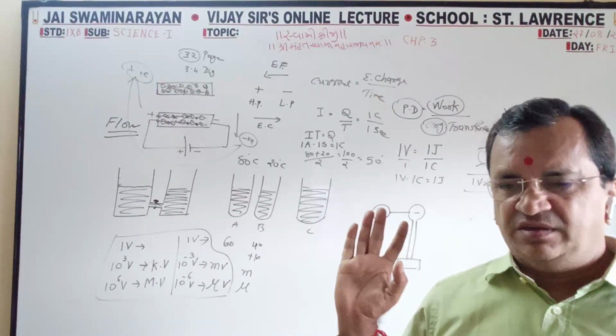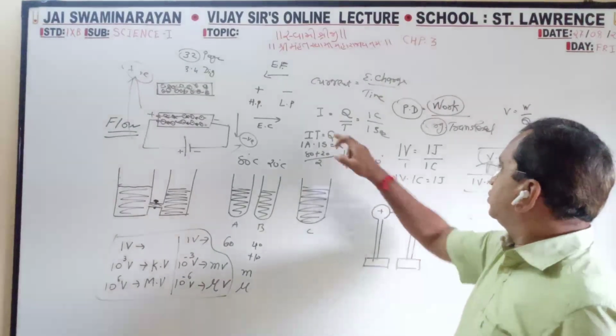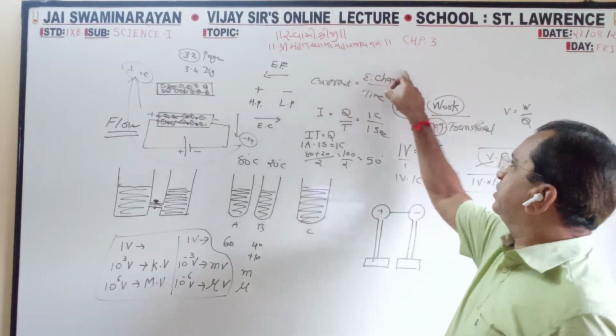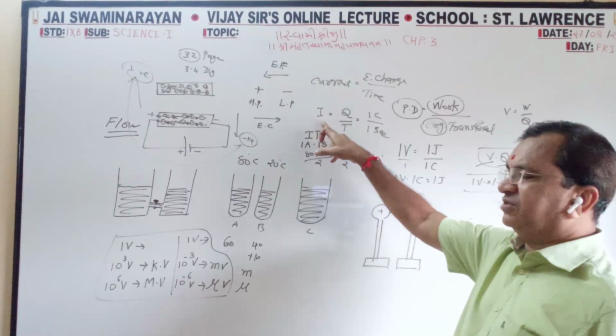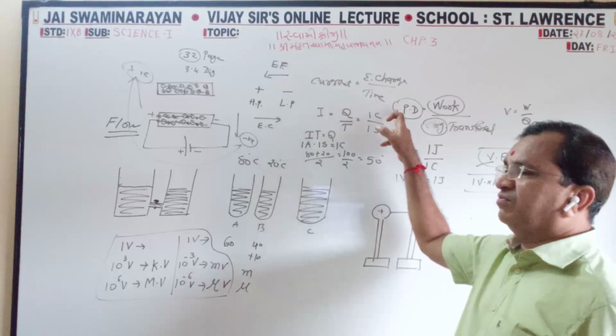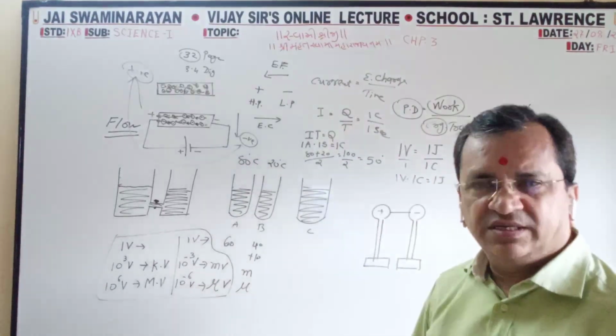That is the ampere formula. So I is equal to Q by T. Current is equal to electric charge by time, and this is equal to 1 ampere when 1 coulomb of charge passes in 1 second.